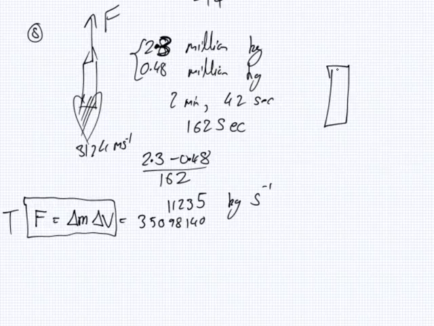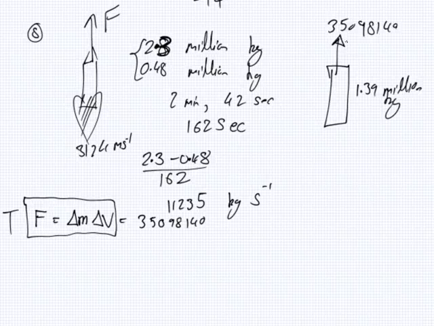So let me just write in first what the average mass is. The average mass is 1.39 million kilograms. And the force up here is 35098,140. What have I left out? Force down. Yeah, which is what?